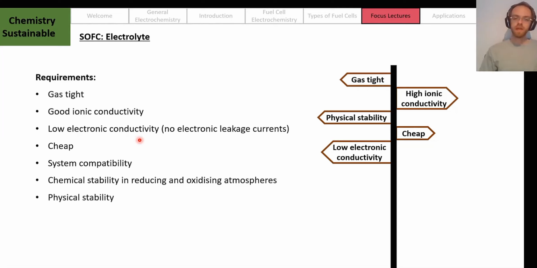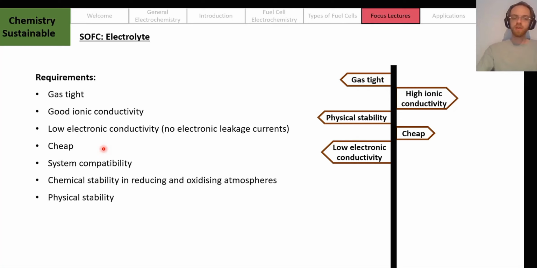So the electrolyte has to be a good ion conductor, but a bad electronic conductor. Ideally, it's just a simple plain insulator, of course. By not having any electronic conductivity, we make sure that we do not have any electronic leakage currents, which might compromise the efficiency or operation of our cell. One major economic factor, of course, is always the price of the electrolyte.